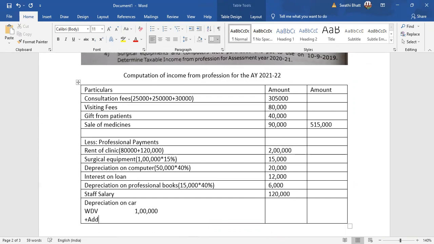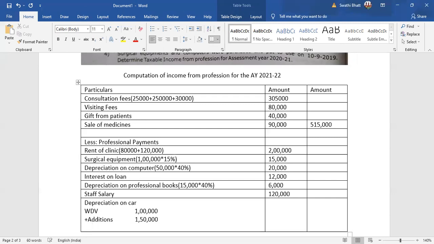Additions or new purchase, which is worth 1,50,000. So your total will be 2,50,000 on which you're supposed to calculate depreciation.